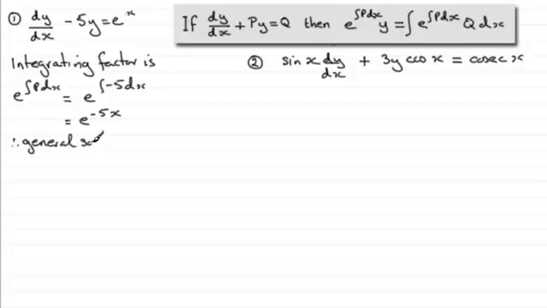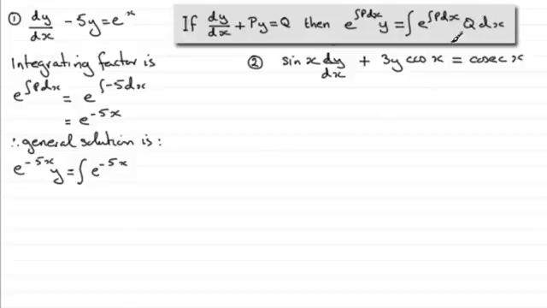General solution is going to be e to the minus 5x, that part there, multiplied by y, and this is equal to the integral of e to the integral p dx, our integrating factor, which again is e to the power minus 5x, and this is multiplied by q.